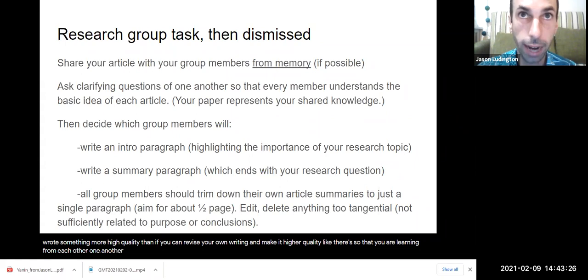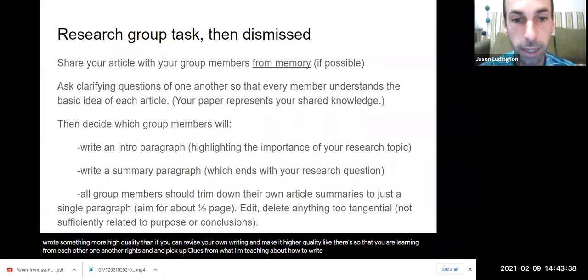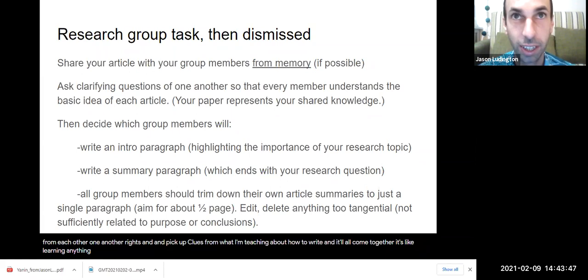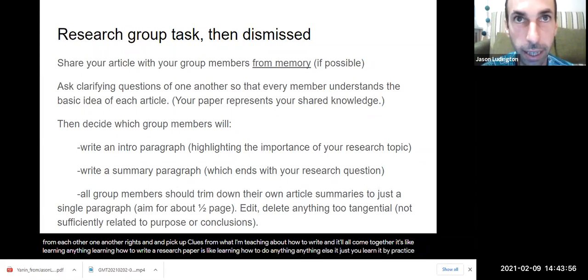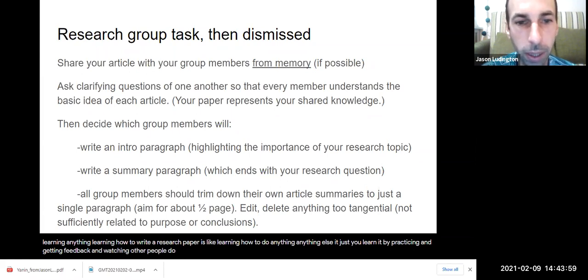Read what one another writes and pick up clues from what I'm teaching about how to write. And it'll all come together. Learning how to write a research paper is like learning how to do anything else. You learn it by practicing and getting feedback and watching other people do it. And then it just sort of comes. All right. Any other questions?